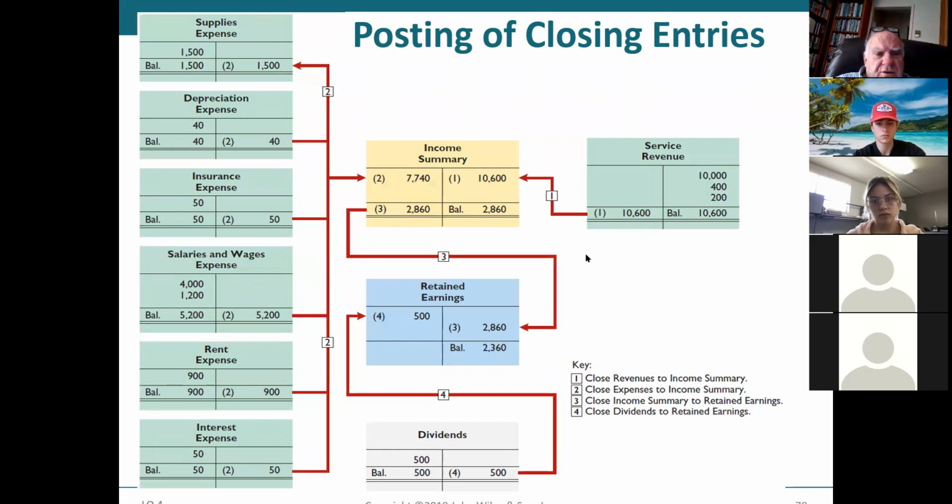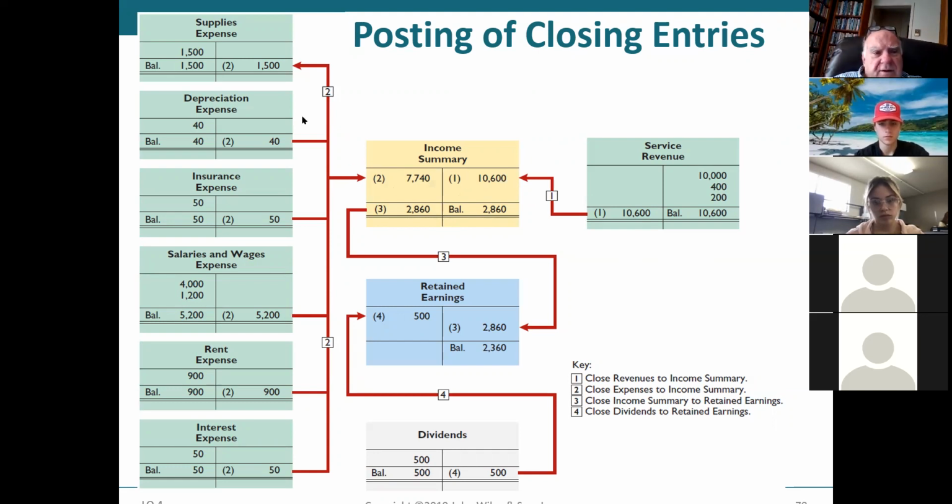So they're just showing you in grid form the entries. The easy way to do it is in 4 steps. Step 1, revenue. Take all your revenue accounts. In this case, we had just one, right? We debit them out, and we credit income summary. So your sales are now here.